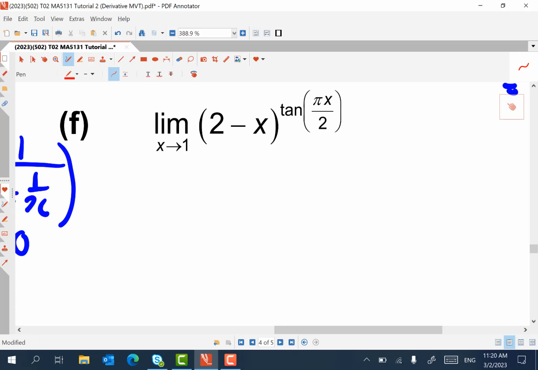The log of these are the laws. Then you get that.